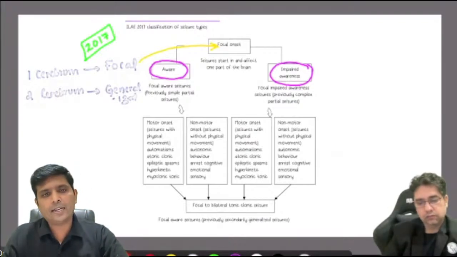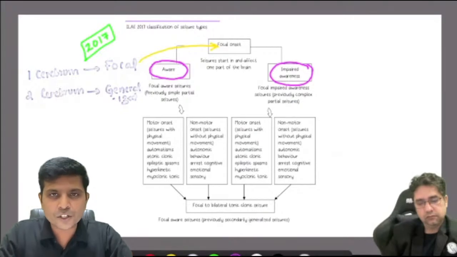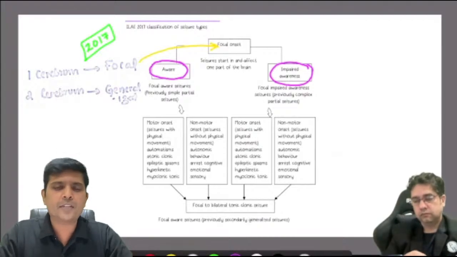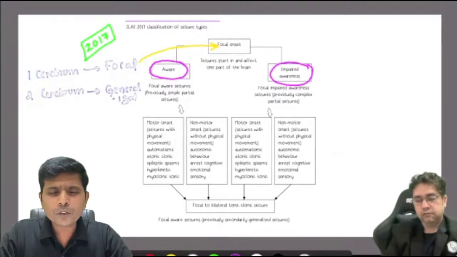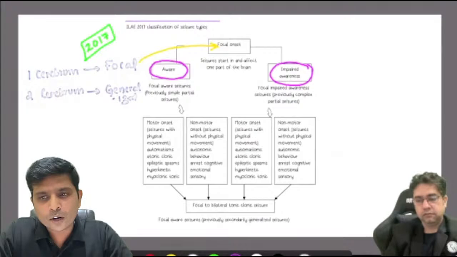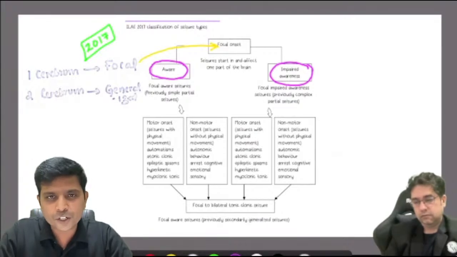Previously, it was called simple partial seizures. I repeat, my dear friends, right now we do not use the terms simple partial and complex partial seizure. We use the term focal seizure with awareness, previously called simple partial seizure.